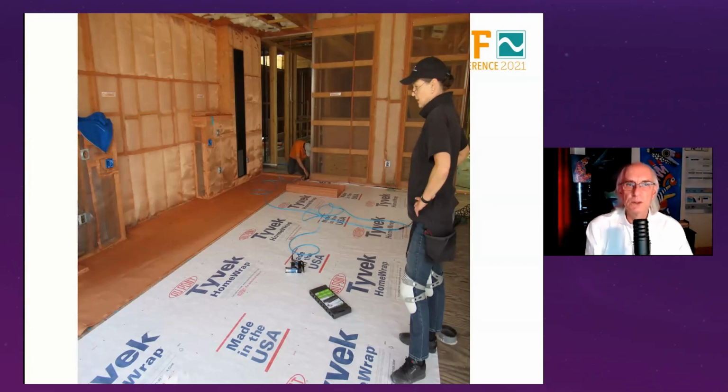So this is a new construction, and the owner says, I want an EMF sanctuary. I don't want to address the rest of my house, but I want to address the rest area, the master bedroom. And I want to have it shielded against radio frequencies, against electric fields, and against dirty electricity.